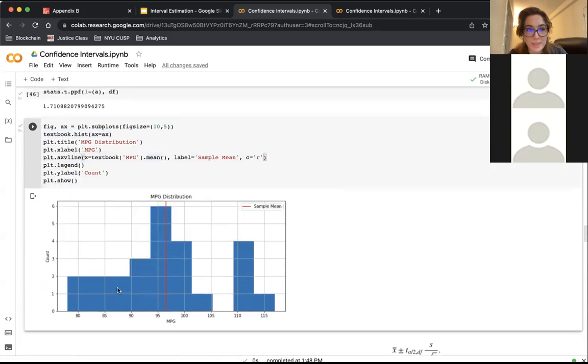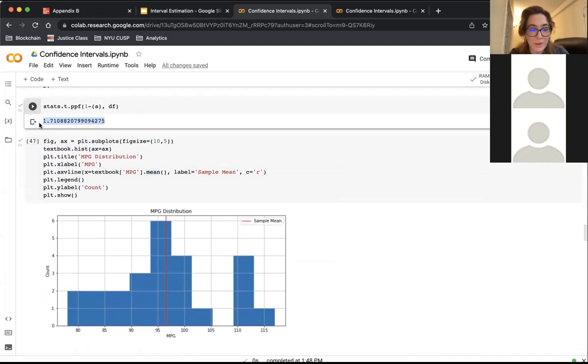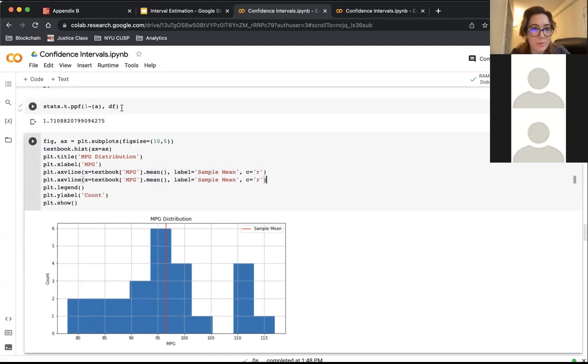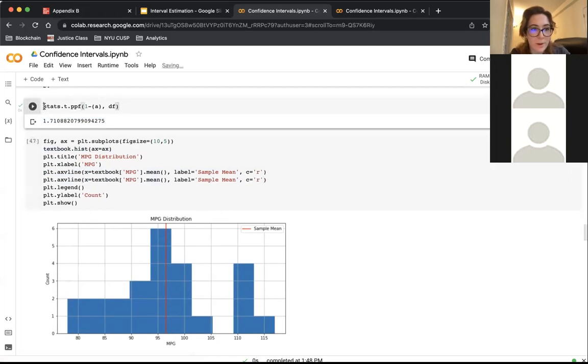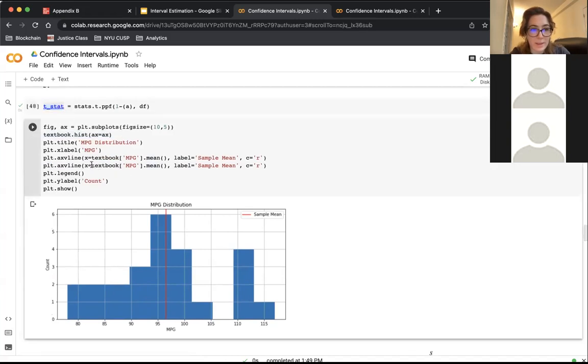And we could see, just to emphasize how you would interpret this value of saying 1.71 standard deviations above and below the mean. So let's just plot this so you can see where that would fall. I'm just going to make this into a t statistic to use it as a variable. So now I can say, let's plot the positive side of this.